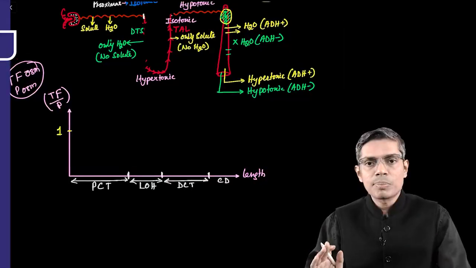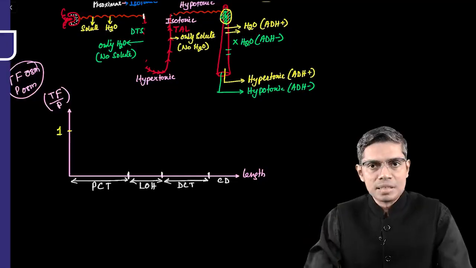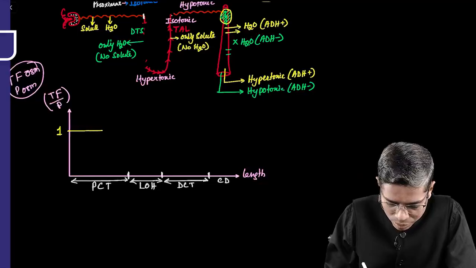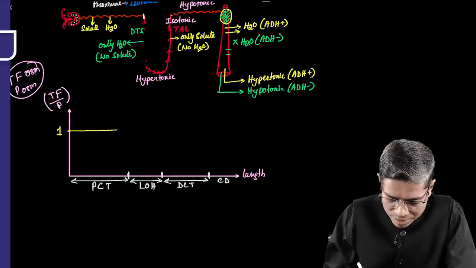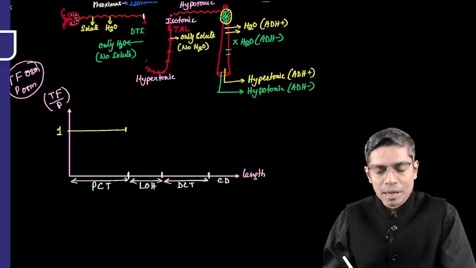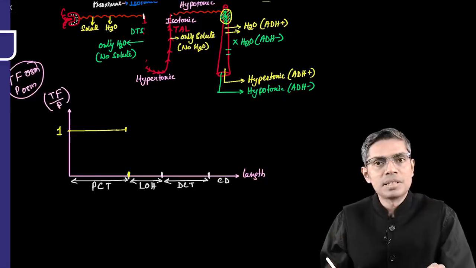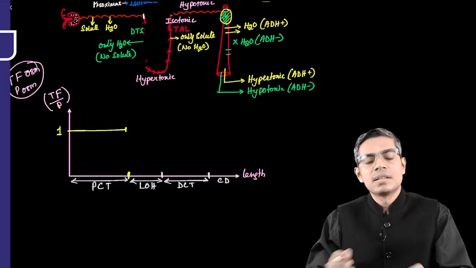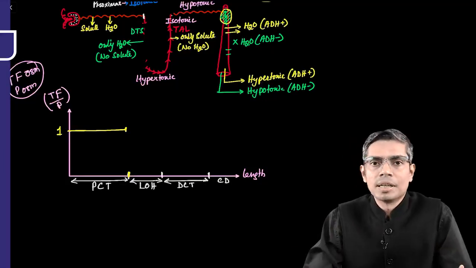Now you draw the plot at the level of the proximal tubule. This ratio will remain the same throughout the proximal tubule, so it is an almost straight line at 1.